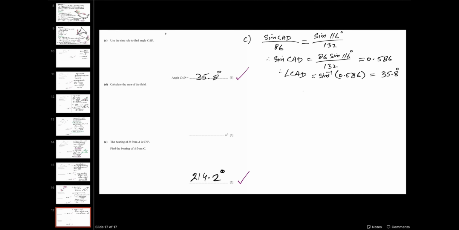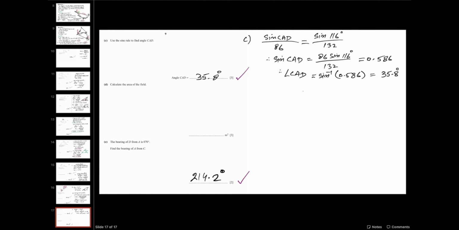Therefore sine CAD is equal to 86 times sine 116 upon 132, which is equal to 0.586. Hence the angle CAD is equal to inverse sine of 0.586. So angle CAD is equal to 35.8 degree.